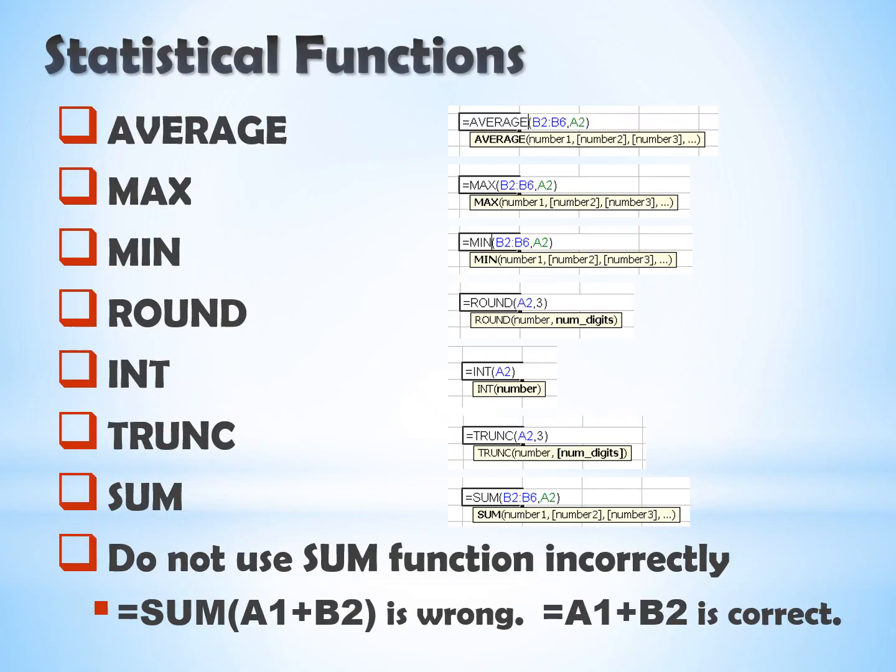Statistical functions. Here you can see several examples of statistical functions. The appropriate format of these functions is given on the right of this slide. When you type a function in a cell, Excel brings up a window explaining the sequence and meaning of parameters to be entered.